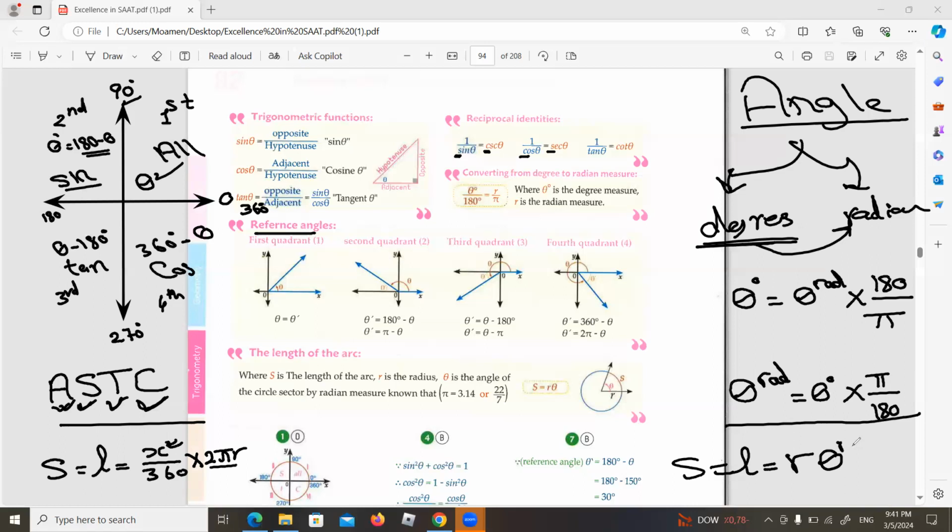But the angle must be in radians. So R multiplied by theta rad. So if the angle is in radians, it's easier. I get the radius and multiply it by the angle. If the angle is a central angle in degrees, we use the other rule on the other side. Okay? Okay. Let's start our problems.